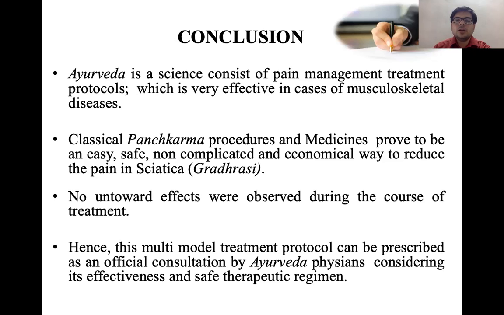No untoward effects were found during the course of this clinical study, and hence this multimodal treatment protocol can be prescribed in official consultation by an Ayurveda physician, considering its effectiveness and safe therapeutic regimen.